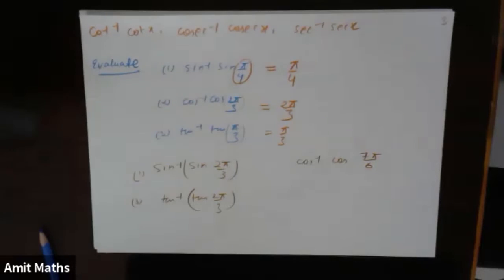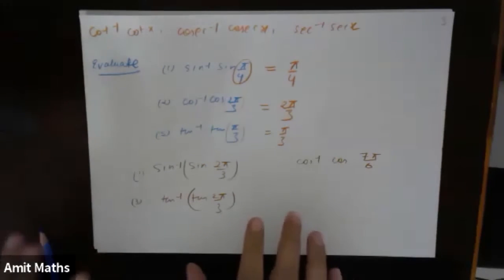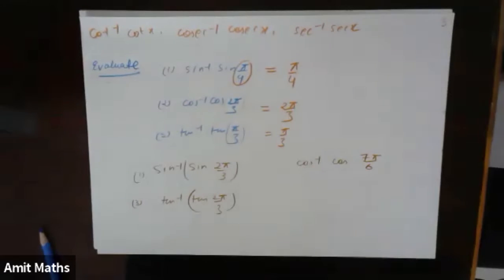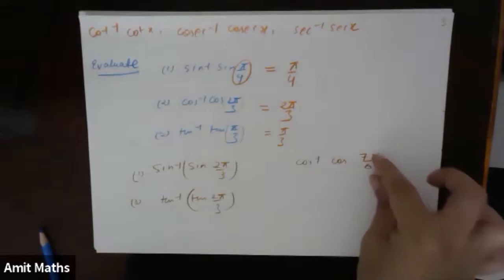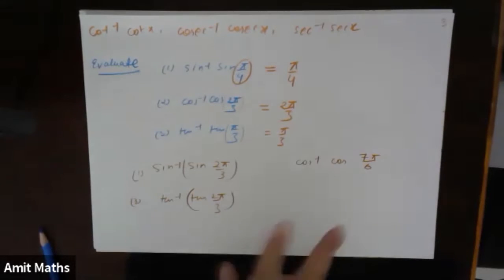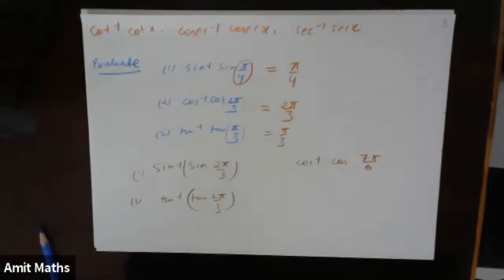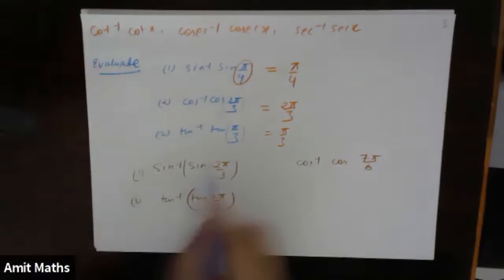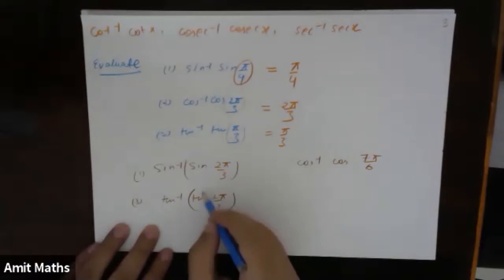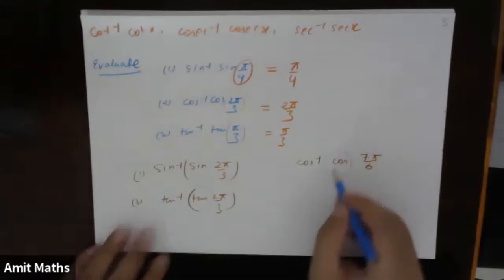And let's start solving these ones in which the angle is not in the principal value. Now my solution would have been very simple if these values were somehow converted into principal angles, and one more thing, this sine would still be sine, this tan would still be tan, and this cos would still be cos.